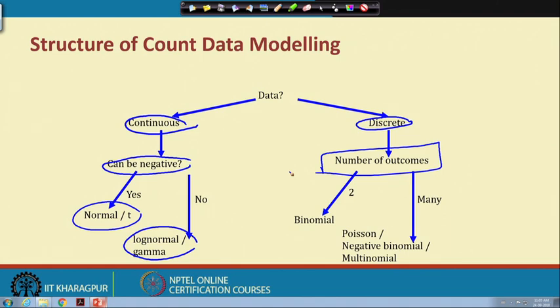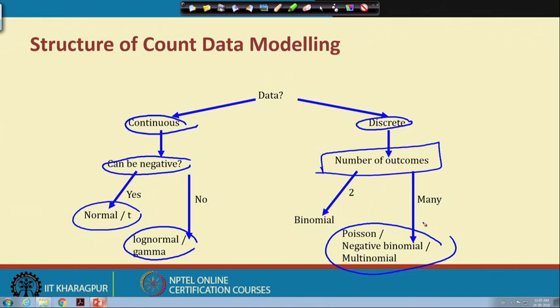But we are not going into details about these modeling structures. We are strictly discussing the game between Poisson distribution and negative binomial distribution.